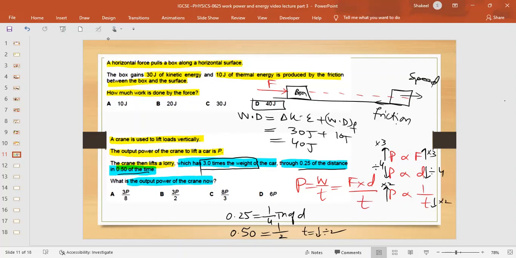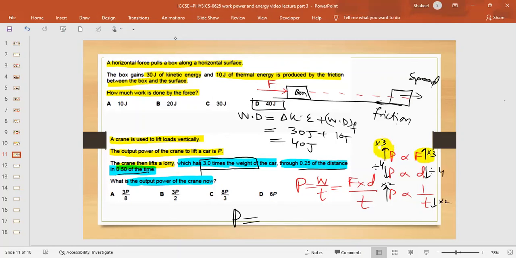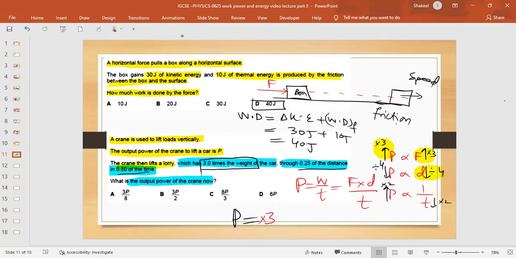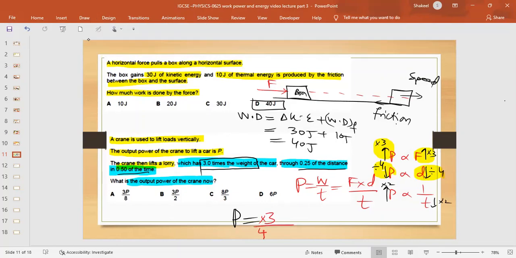Now, for the final power, we'll say that as force was increased 3 times, power increased 3 times. Next, as distance is decreased 4 times, power decreases 4 times as well, so we can write it as divided by 4.